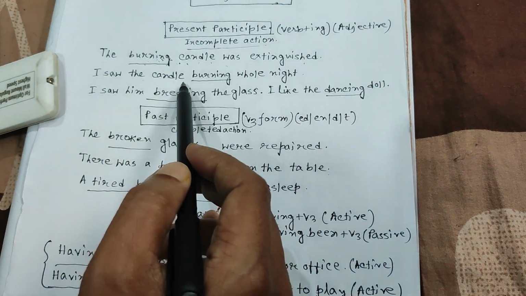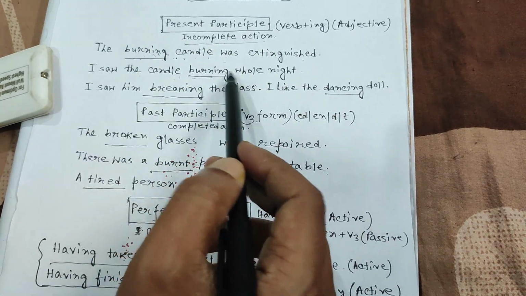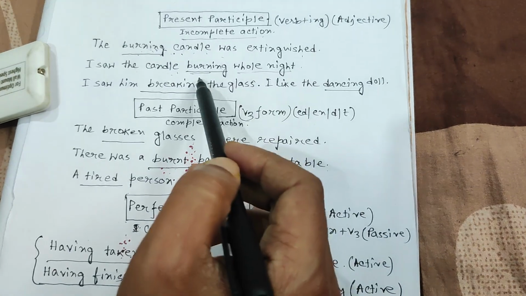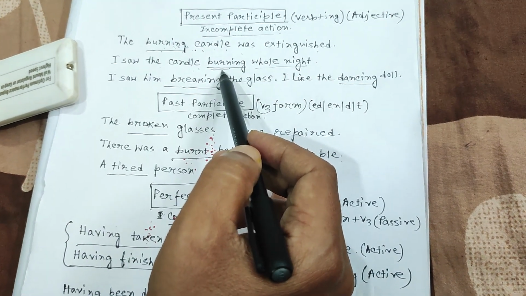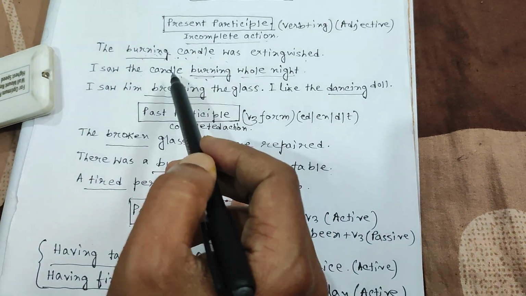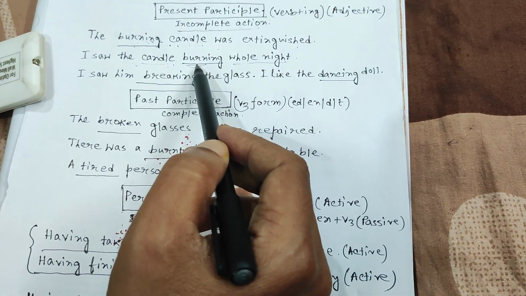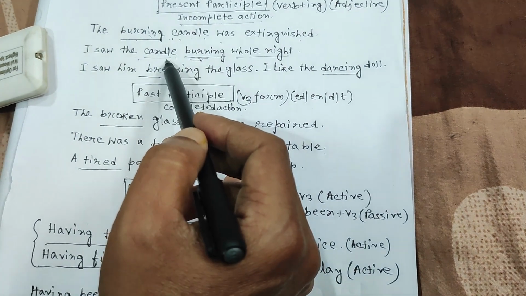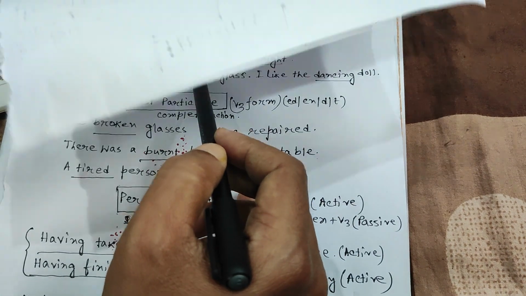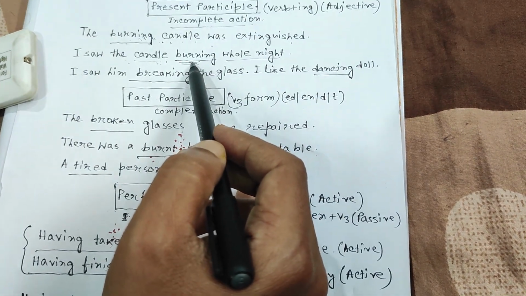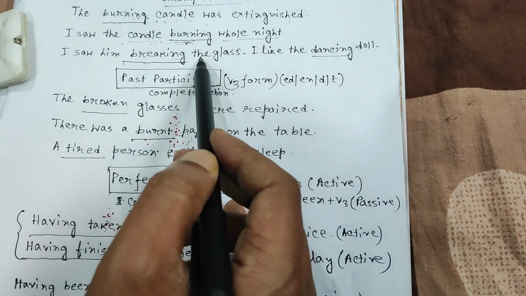I saw a candle burning the whole night. So the act of burning was continuing, and in that position I saw the burning candle. The candle is not burnt yet. It was burning. Incomplete action. I saw him breaking the glass.